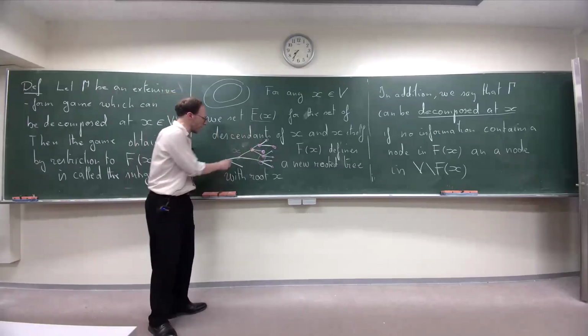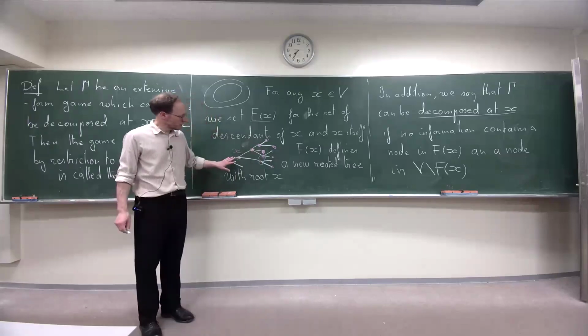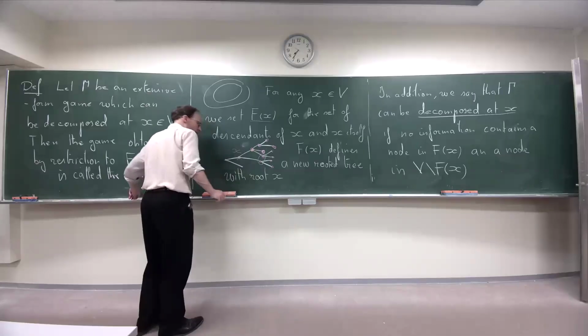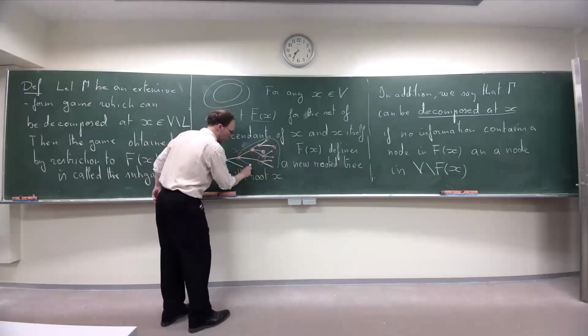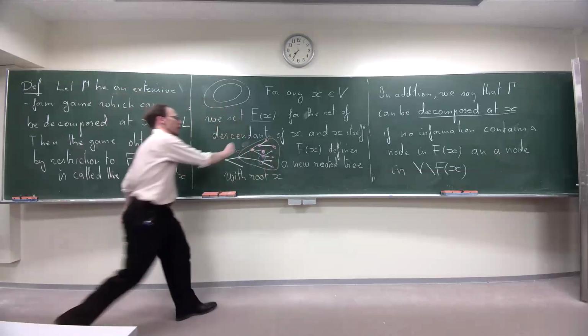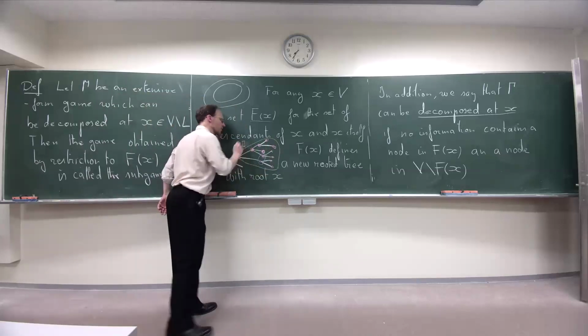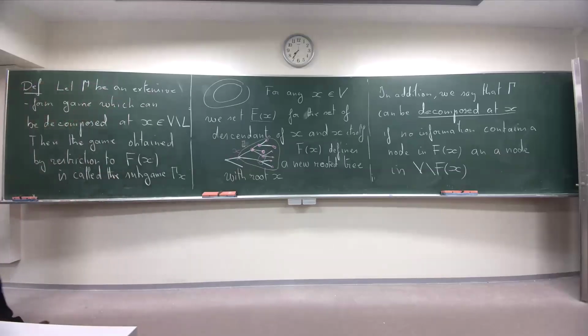Now, if I have an X where the game can be decomposed, I can look just at this restriction. So at this game, this is gamma X. It's a new extensive form game, but starting at X instead of starting at the root.